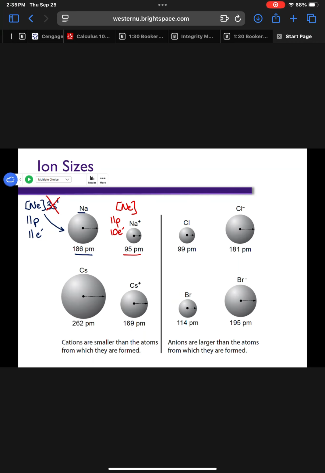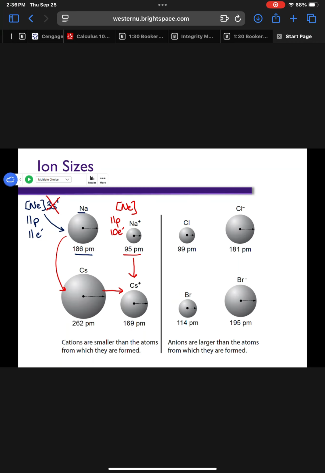Well, we're using different orbitals and we have a different proton to electron ratio. Same thing applies to cesium. As we go down the periodic table, we can see cesium is bigger than sodium. We take an electron away from cesium to make cesium plus. Yeah, it got a whole lot smaller. And we can see the pattern is maintained as we go down the periodic table.